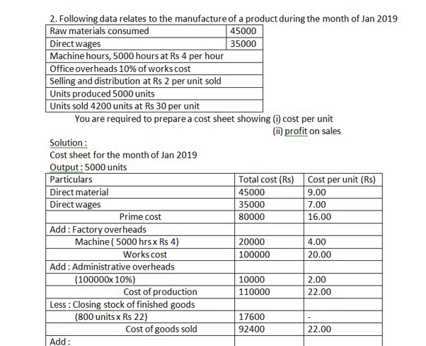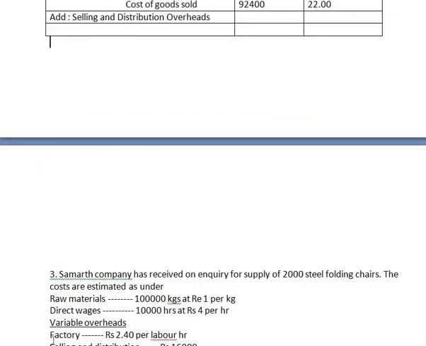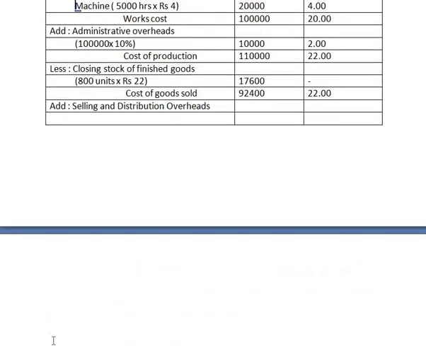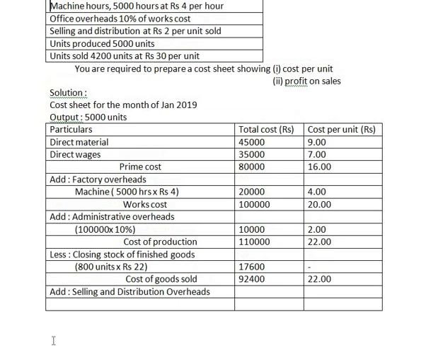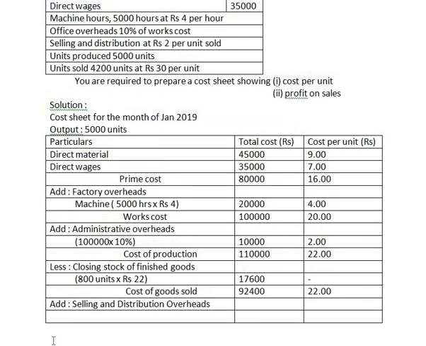Selling and distribution overheads. Now again go through the problem. Just check what they have given related to selling and distribution overheads. What information is given? Units produced is 5,000 units.